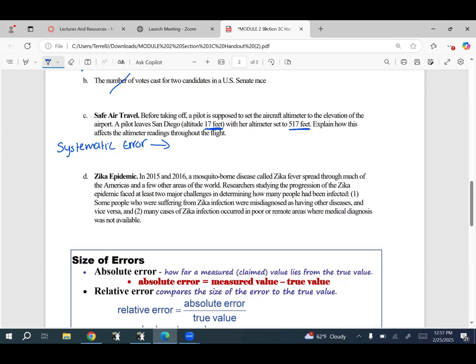So because of that, as you continue on in the air, all the readings will be 500 feet too high. And so this is systematic. So I'll say here, all altitude readings will be 500 feet too high.